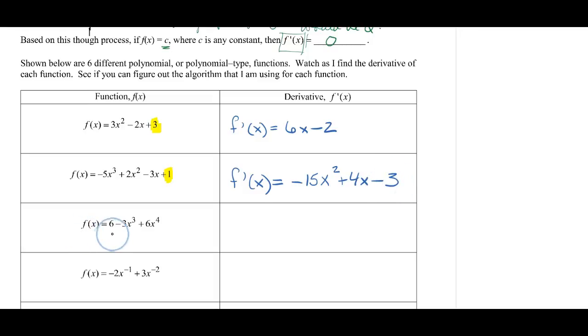Here my function is 6 minus 3x squared plus 6x to the 4th. Keep in mind the 6 here, that's another constant. The derivative of this function is negative 9x squared plus 24x cubed.